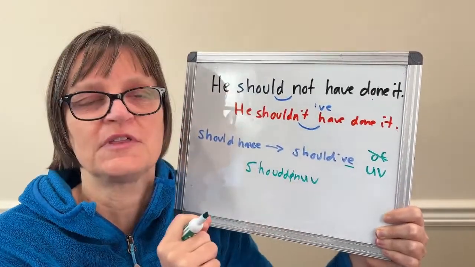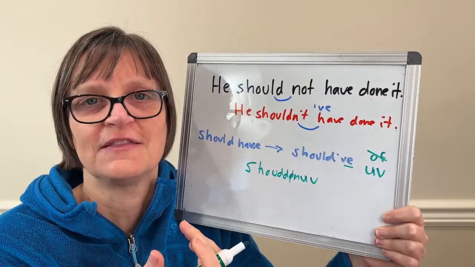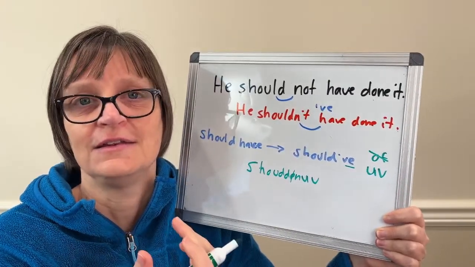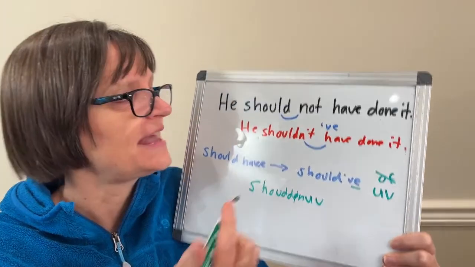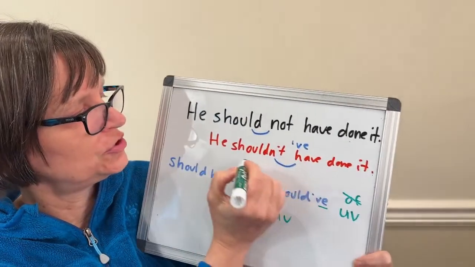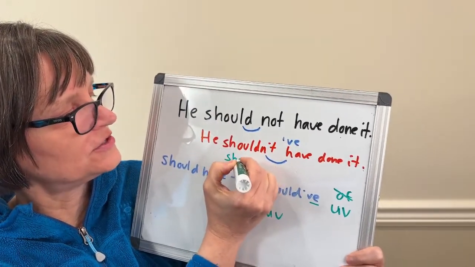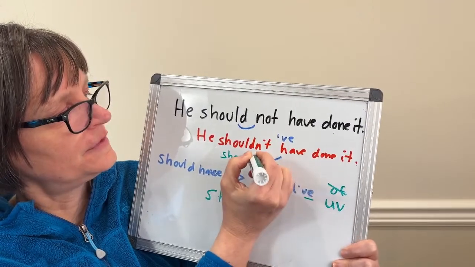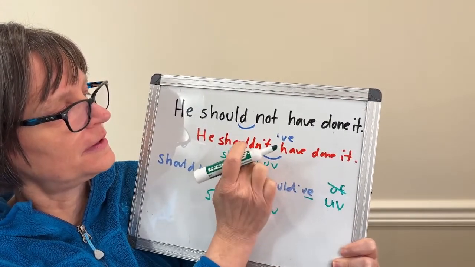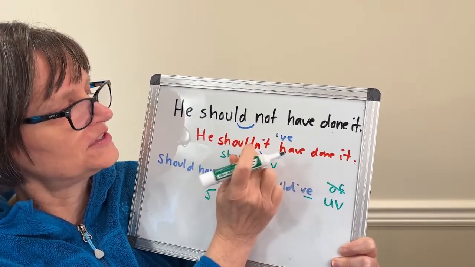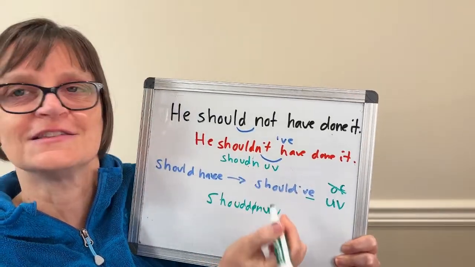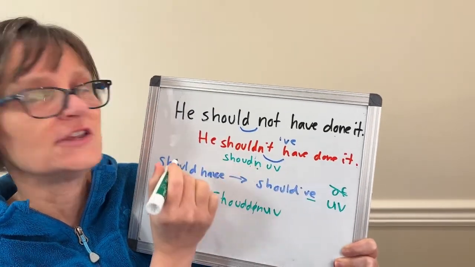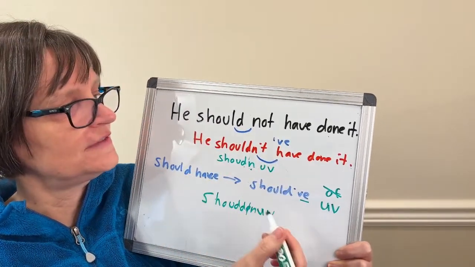I usually write it with an EN because that's how we say it in words like sudden, hidden, etc. But the sound is more shouldn't. So think about it as shouldn't of. I'm just trying to help you notice that we just go right from the D to the syllabic N. Shouldn't. He shouldn't have done it.